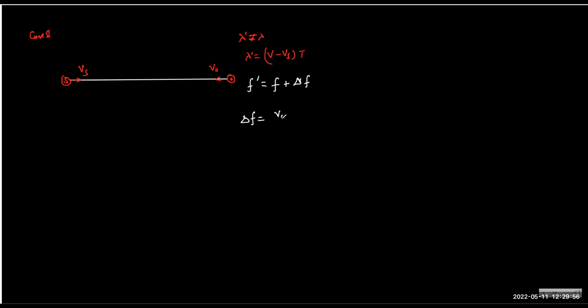The answer is (Vs plus V naught) into 1 upon lambda dash. When the source and the observer both move, we always take the relative motion. With respect to the source, the observer has come closer by this value.